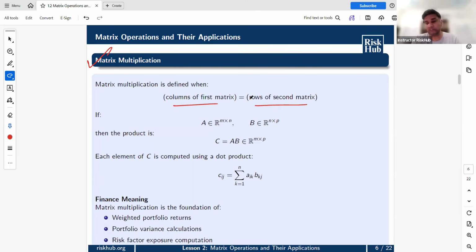In finance terms, exposure must align with your factor returns, weights must align with your assets, sensitivities must align with your shocks. So if your matrix A is like this, B should be like this, and this should be C, right?